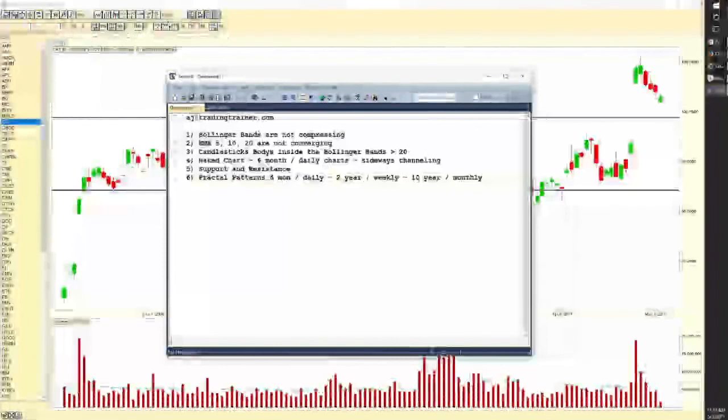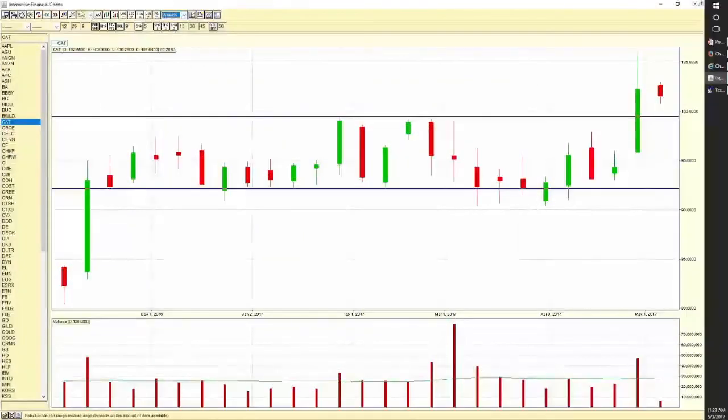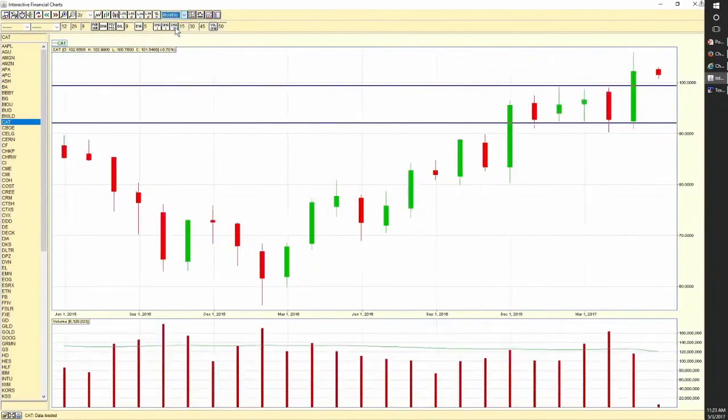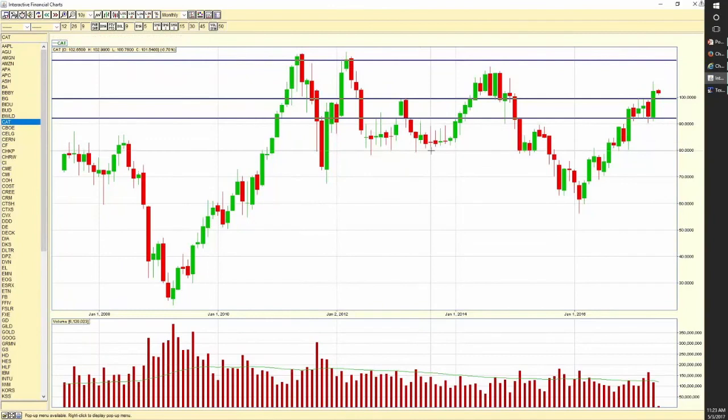So let's take a look at some of those. Just with Caterpillar, why not? Let's take a look at the weekly chart and go out to 2 years. Am I still seeing the same sort of sideways movement? Ideally, the answer would be yes. Looking at monthly 10 years, well, Caterpillar still seems to move sideways on the monthly 10 years between about $80 and $110.